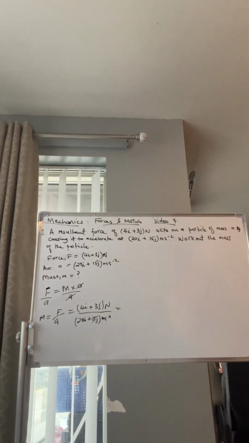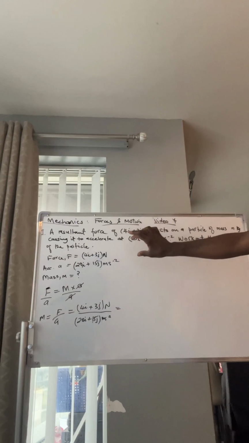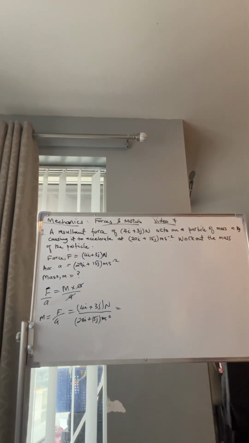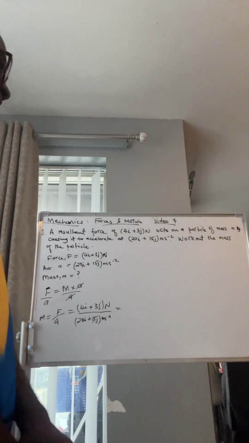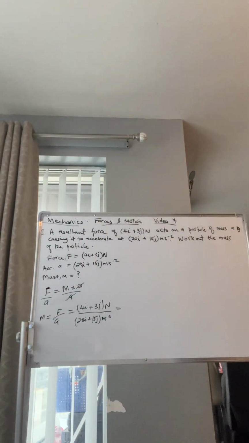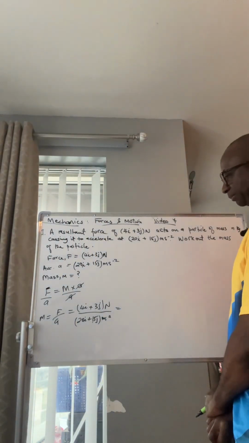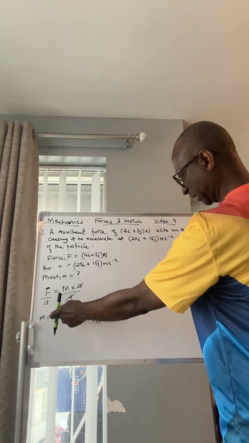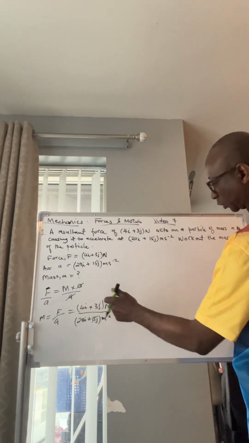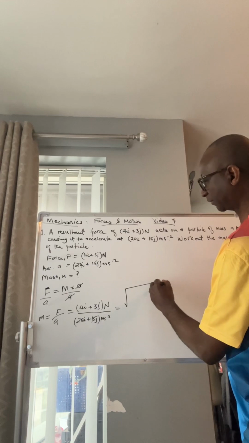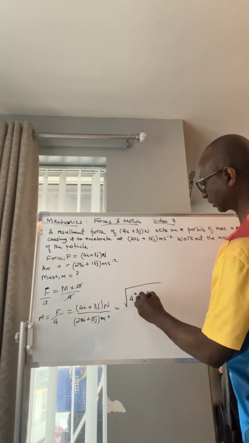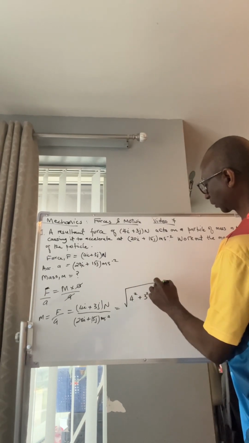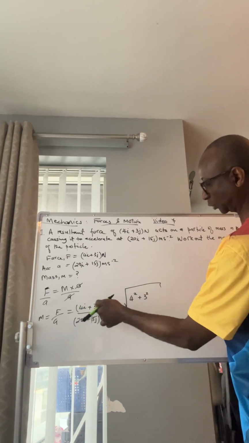Because these quantities are expressed in vector form, we are now looking to find the resultants of these vectors, then work out the problem. So finding the resultant of this force F, this will give us the square root of 4 squared plus 3 squared, because we don't consider these units i and j.